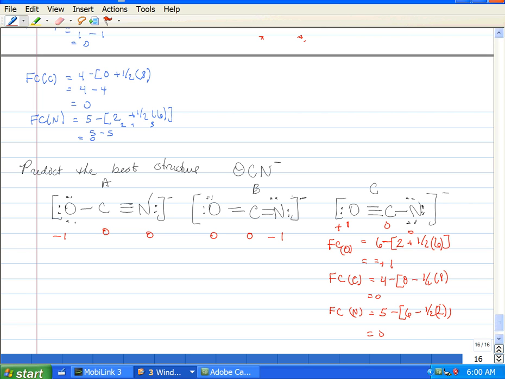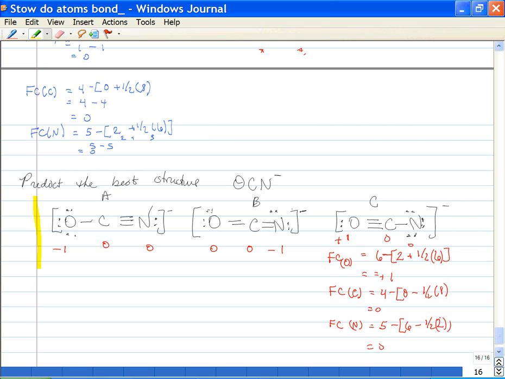So we said that if it has a formal charge, we want to pick the structure that has the negative charge on the most electronegative atom. It's A. Of all 3 structures, this one is the oxygen.